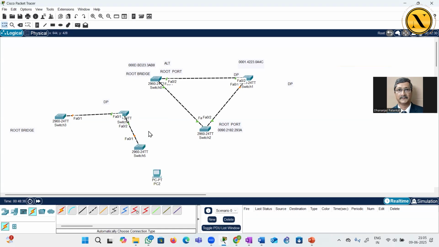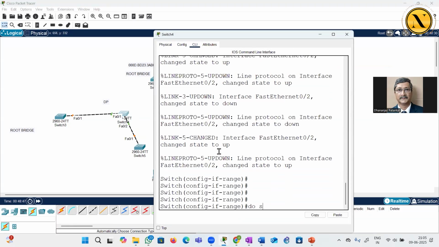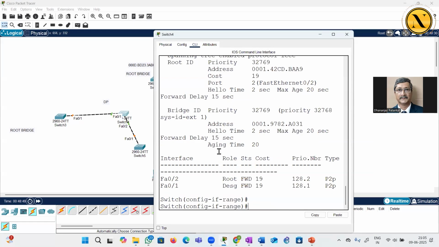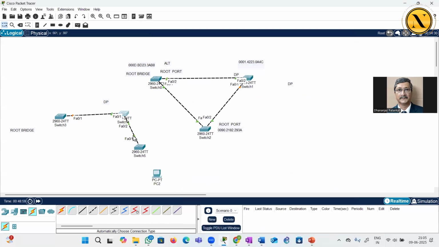Both of them will be green, no problem. BPDUs will be sent and received. Hello, hello, hello. Nothing is happening to the second port. Do show spanning-tree. The second port is a root port in forwarding mode, right? Nothing to worry. But I don't want this to happen. See, both of them are green now.